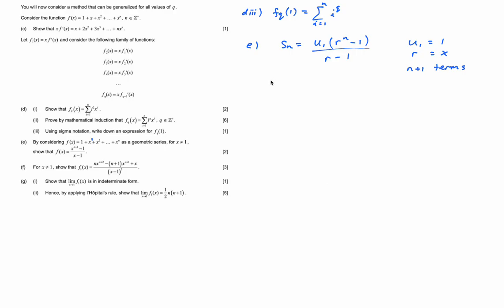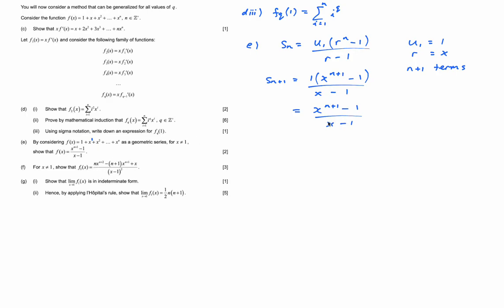So essentially, I'm getting S of n plus 1. And u1 is 1, r is x, so it's x to the n plus 1 minus 1 over x minus 1, which is what he wanted.